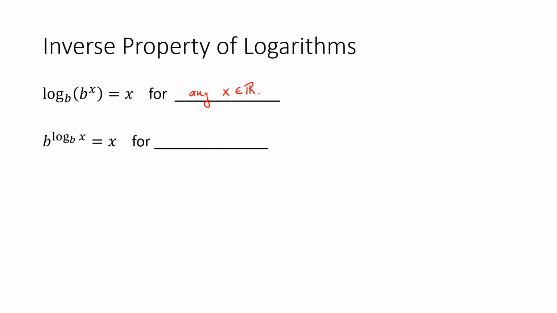On the other hand, if I've got b raised to the power of log base b of x, we know in this case our logarithm will only take positive values inside. We can only take the log of positive values. So this will only be true for x greater than or equal to 0. Or actually, I should say only strictly greater than 0, since log base b of 0 is undefined.